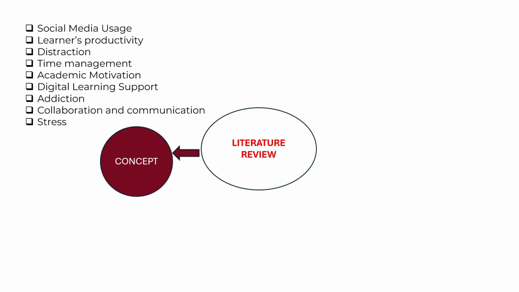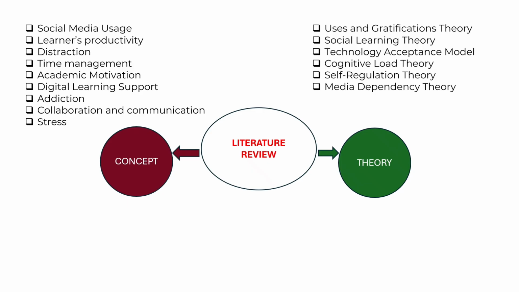Now, let's talk about theory. Theory also would emerge from your literature review. So, when you read about the subject area, you see how theories are being used within the study, then you see the kind of relationship that exists within the study. For instance, from my literature review, I've been able to identify some common theories that are related to the study.